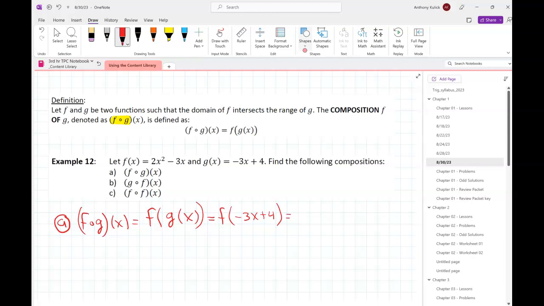So everywhere in f where I had an x, I'm going to replace that x with negative 3x plus 4. So where I had my x, I'm just going to have now negative 3x plus 4.